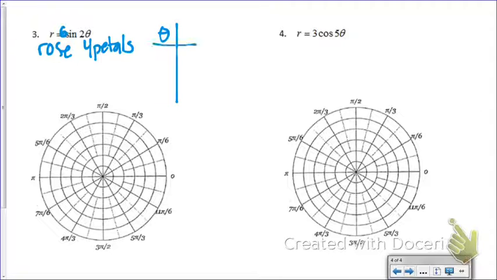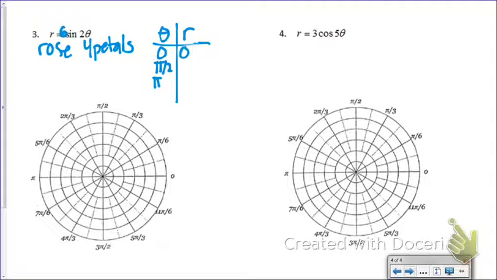But the problem this time, whenever I do my roses, is if I just pick these same basic values, it's not going to be enough for me to get a clear picture of what this graph looks like. If you plug these in, you'll see what happens. So if I plug in 0, that's 6 sine of 2 times 0, which is 0. The sine of 0 is 0, so this gives me a value of 0.